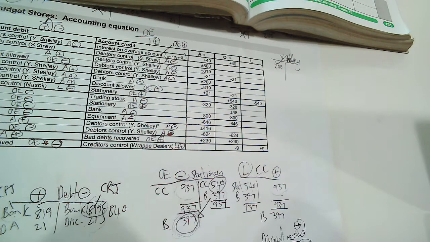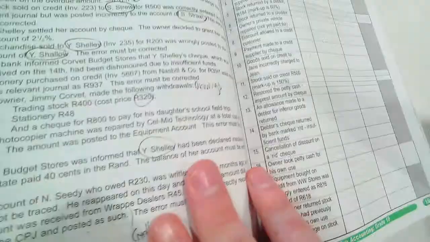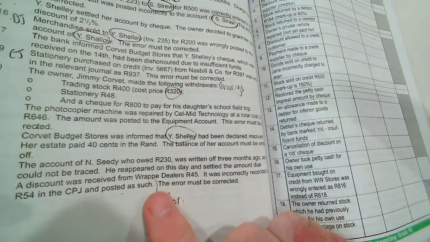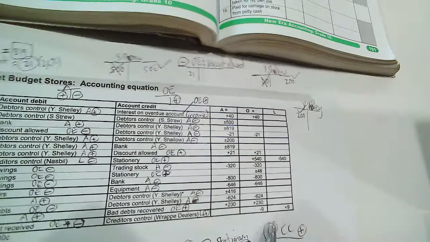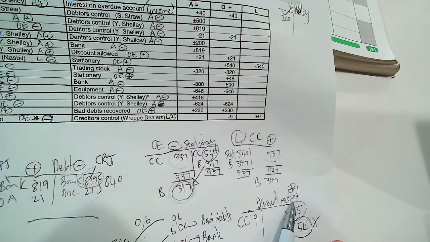But now, what amount is supposed to be on this side? What we did is, we wrote 54 in the CPJ and posted it. And it's not supposed to be 54, so the wrong amount was 54, and it must only be 45.